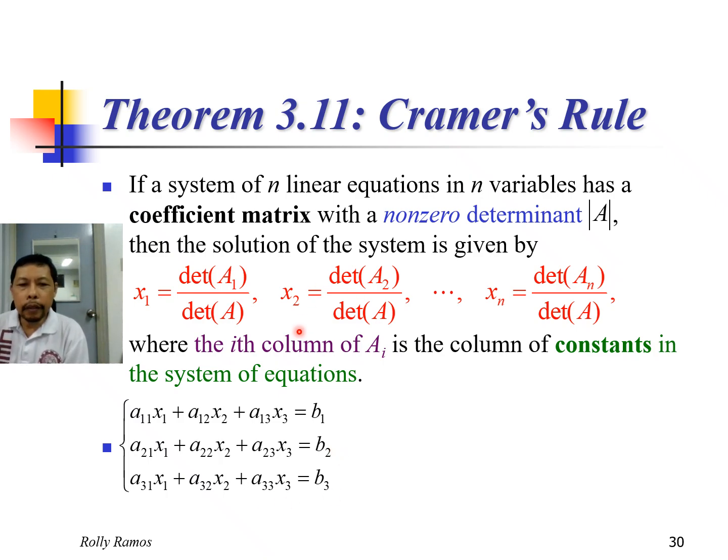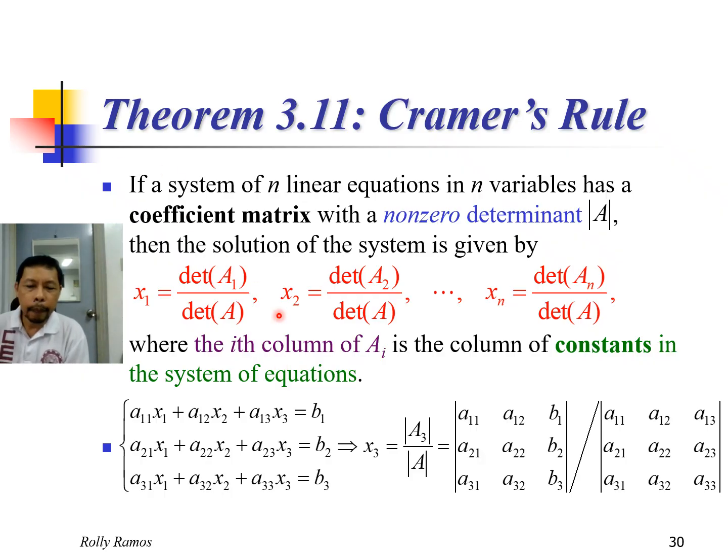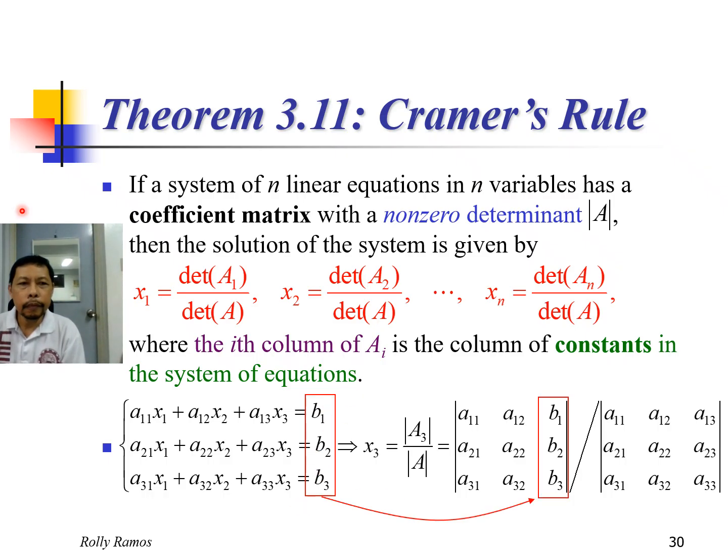Then, to obtain x3, for example, x3 would be equal to the determinant of A3 divided by the determinant of A. A is the coefficient matrix of the linear system, and A3 is obtained from A by replacing the third column with the constants. So A3 now is this matrix, where the third column was replaced by the constants B1, B2, B3. So that is the determinant of A3 divided by the determinant of A.